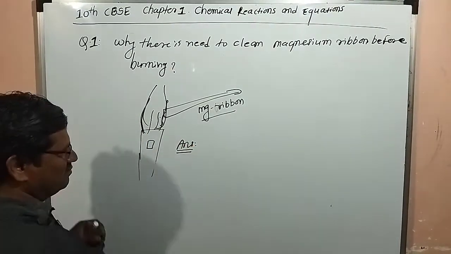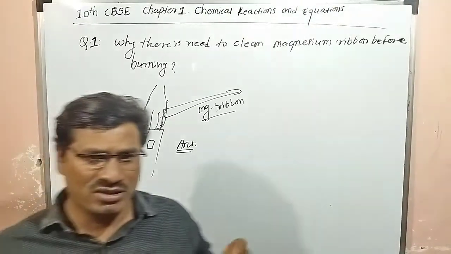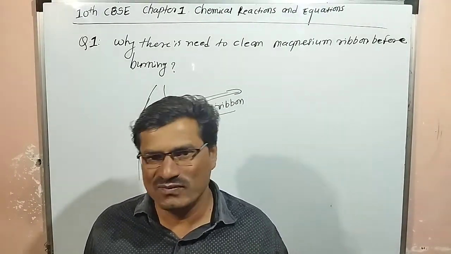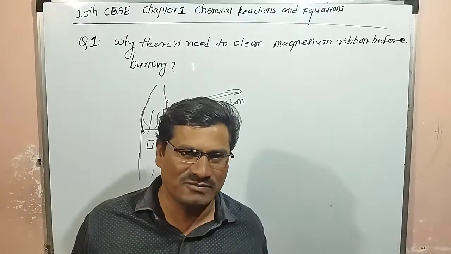On the surface of the magnesium ribbon, magnesium oxide is formed due to an oxidation reaction.